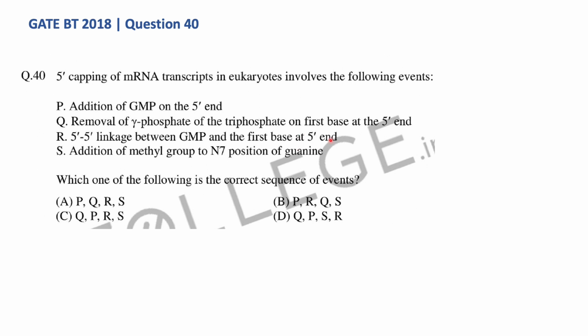The order in which 5' capping happens is: first, the removal of the phosphate of the triphosphate on the first base at the 5' end. Then the next step is addition of GMP on the 5' end, and then a 5' to 5' linkage between GMP and the first base at the 5' end is formed, and then a methyl group is added to the N7 position of guanine. So, rearranging these, the correct order would be Q, P, R, and S. So, this answers the question.